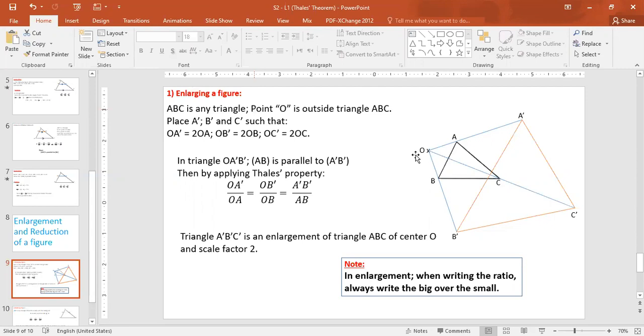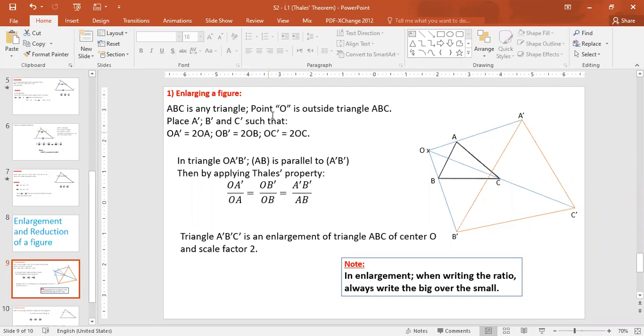For example, if I have a triangle ABC and I have taken a point O, which is outside the triangle ABC. All of these are given to you by given. You should not invent anything.